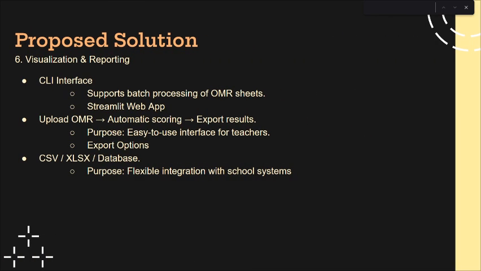You can use the system in two ways. There is a command line interface for batch processing of sheets. Alternatively, a Streamlit web app lets you upload a sheet, get automatic scoring, and export the results as a CSV or an Excel XLSX file.